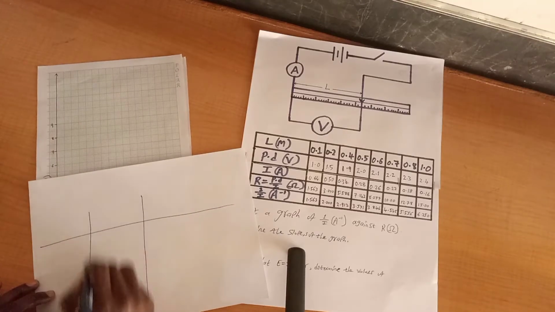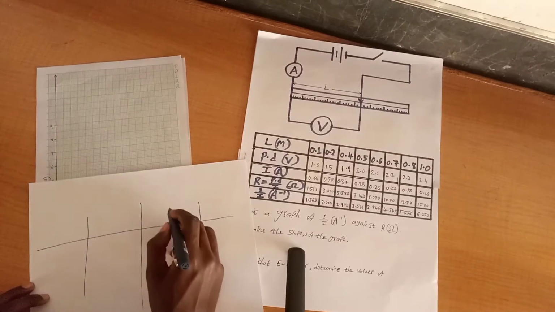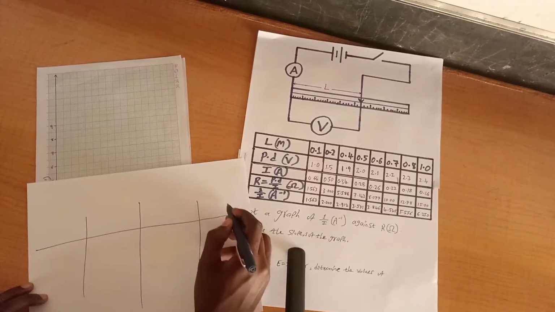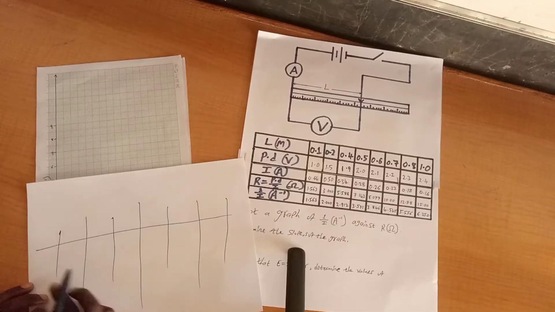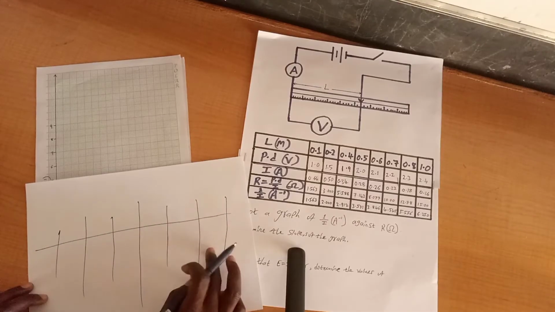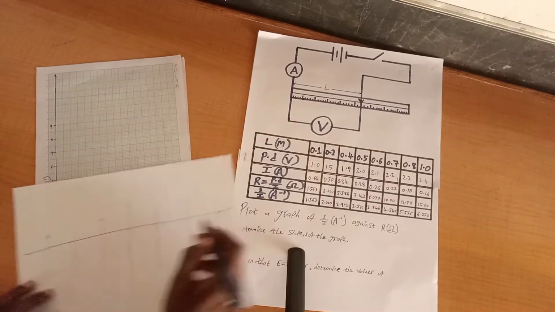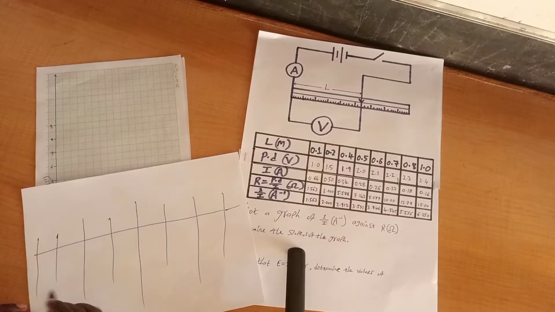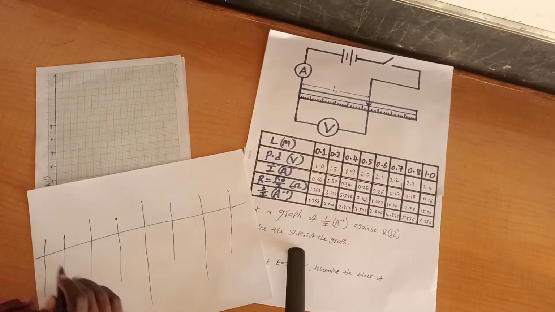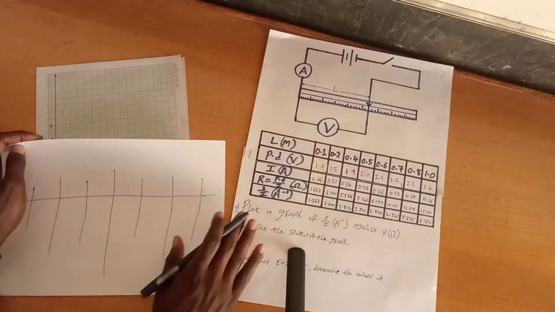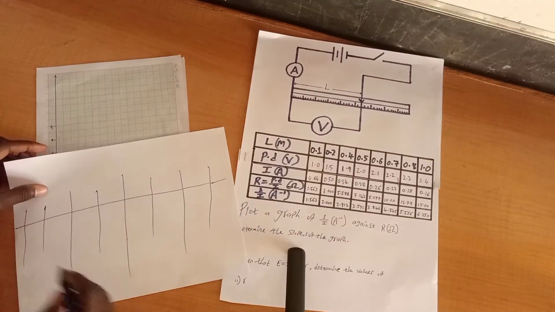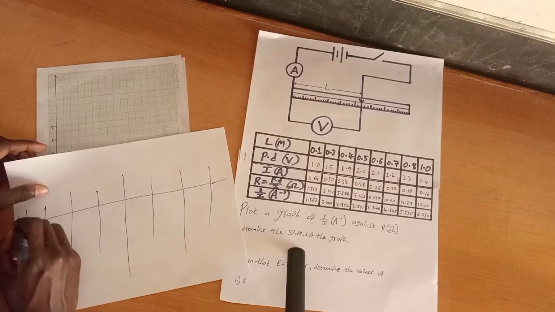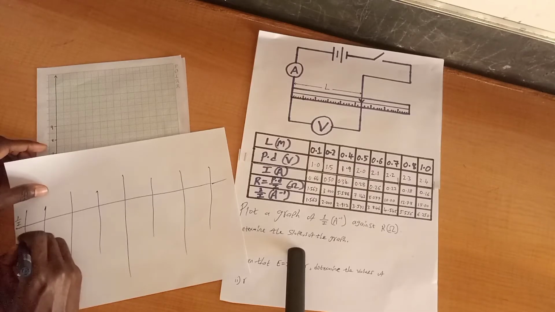So let's see. 1, 2, 3, 4, 5, 6, 7, 8. So we have 8 values. So for this side we have the reciprocal of current, 1 over current, and then we have resistance.